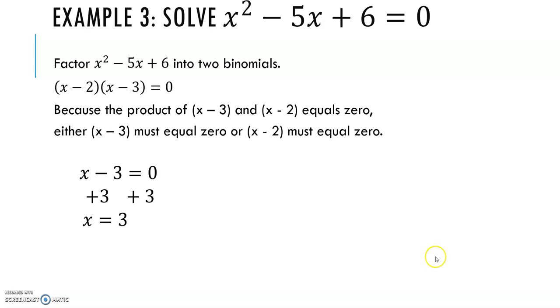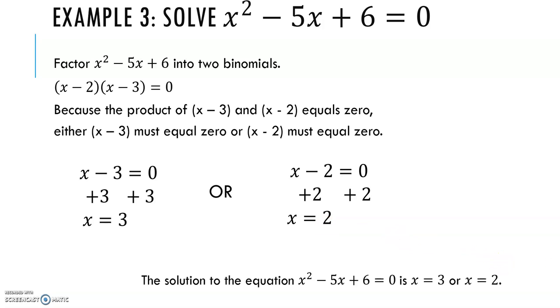X minus 3 equals 0. Add 3 to both sides, x equals 3. Or x minus 2 equals 0. Add 2 to both sides, and x equals 2. The solution to the equation x squared minus 5x plus 6 equals 0 is x equals 3 or x equals 2.